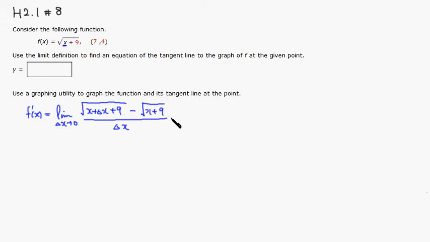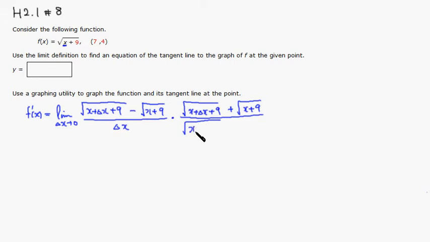Then we know the trick, so we multiply top and bottom by almost the numerator except for the sign: the square root of x plus delta x plus 9, plus the square root of x plus 9. We do the same thing on the bottom.